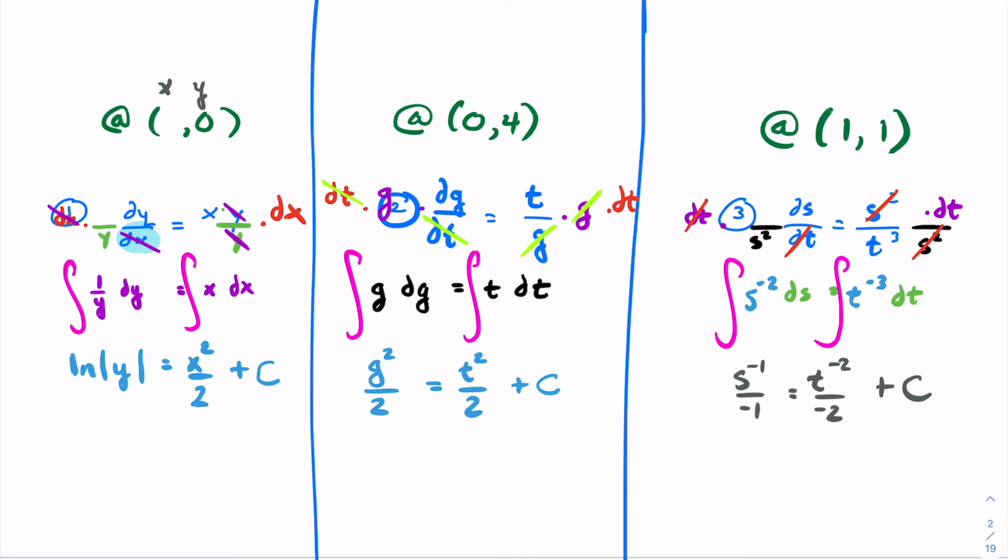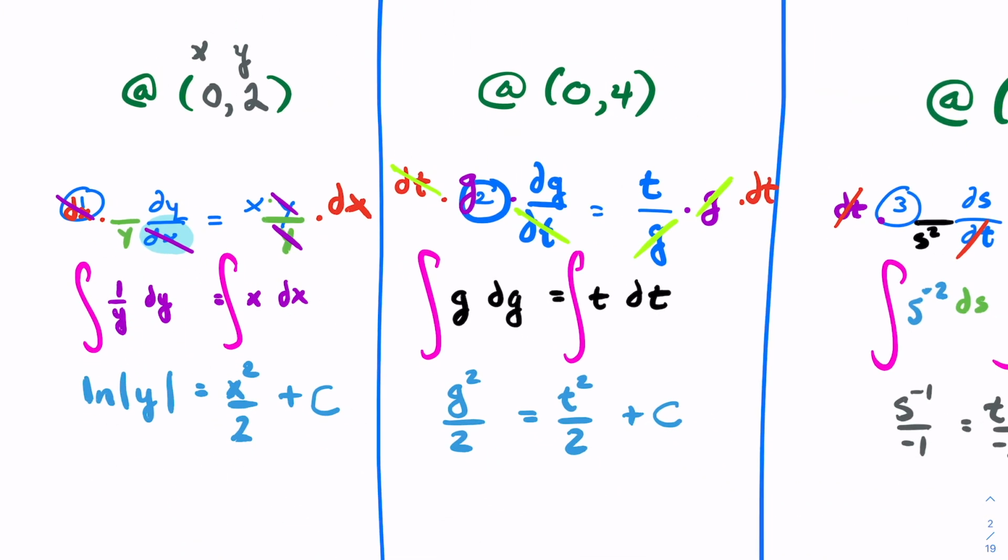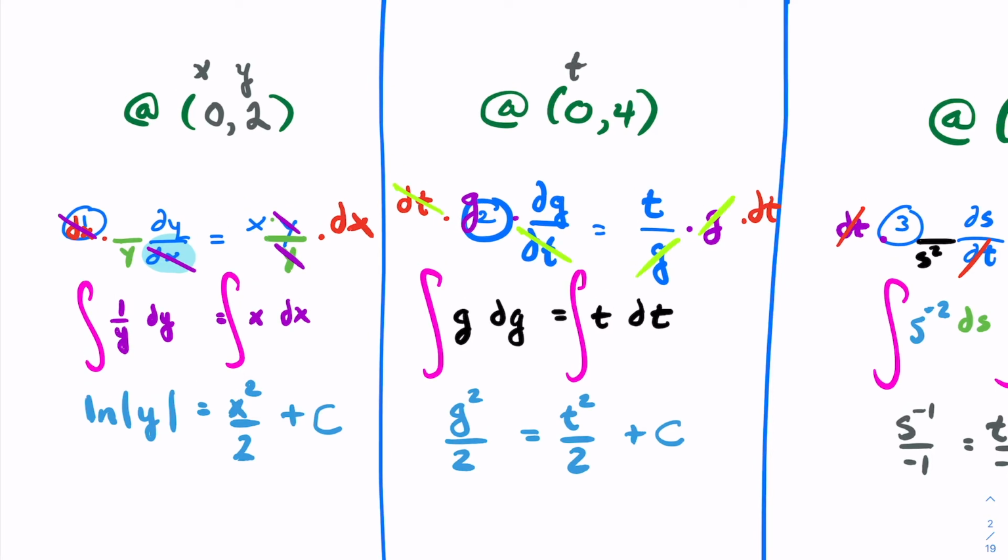Good thing I checked this. All right, let's do 0 and 2. Actually, let's do the second example first. That's not confusing at all. So here instead of x and y, we have t and g.